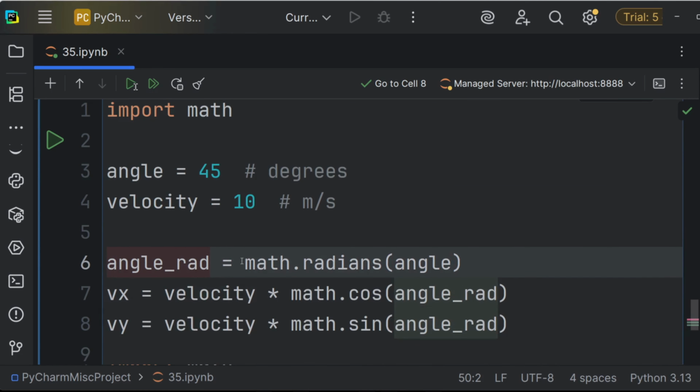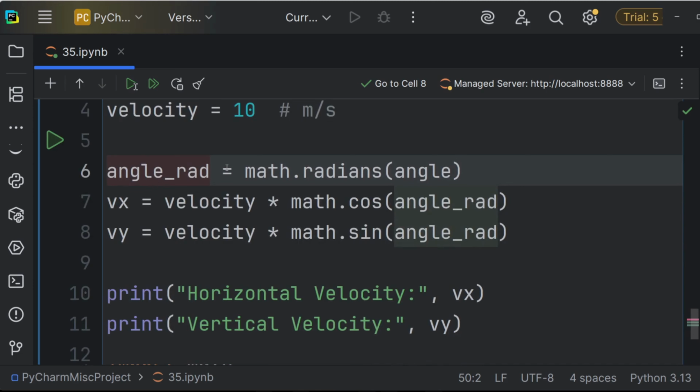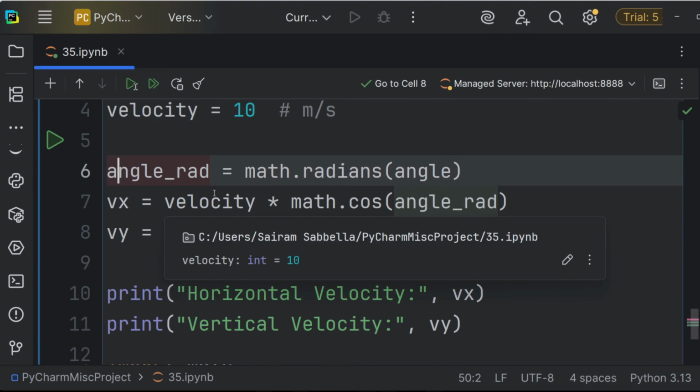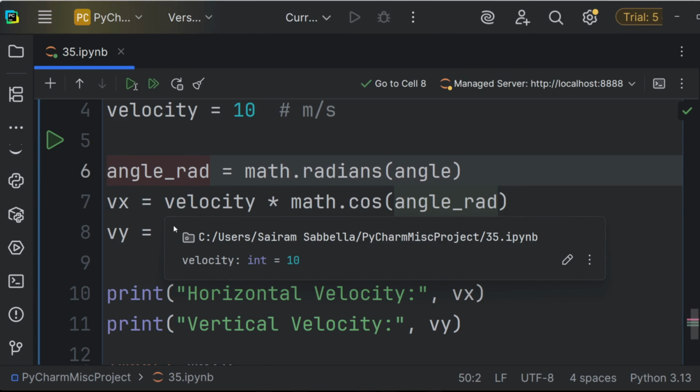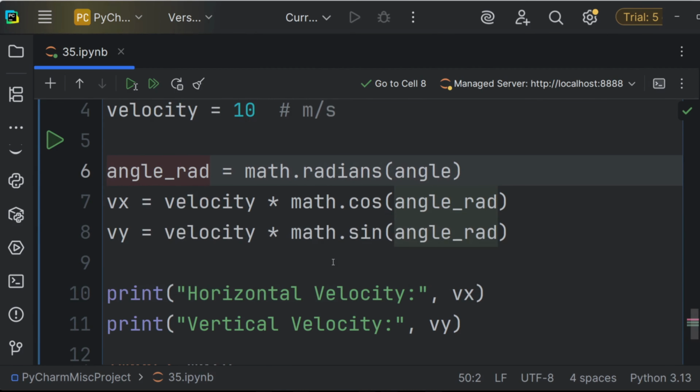And we want rad to be the radians of angle, so that value is stored over here. And we want to calculate the horizontal velocity and the vertical velocity of the object. So first, we multiply the velocity with the cos of the radian, and we multiply the velocity by the sine of the radian for our vertical velocity. And they're both stored in Vx and Vy.